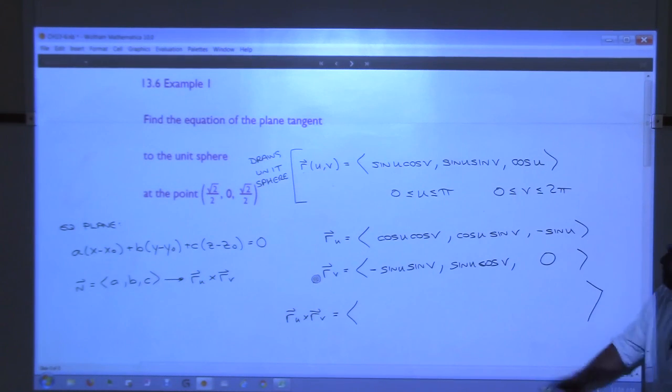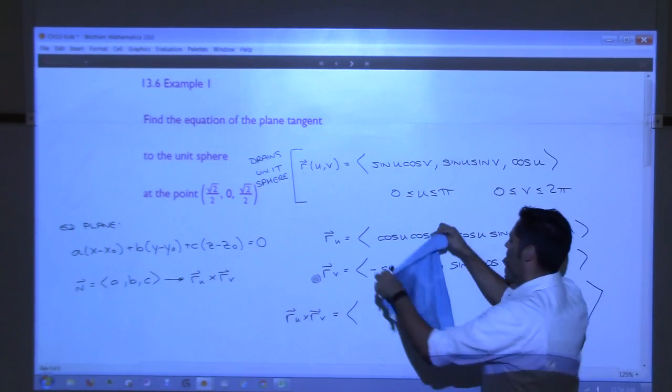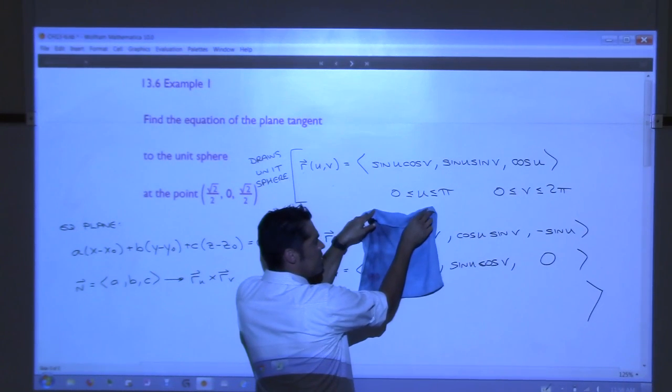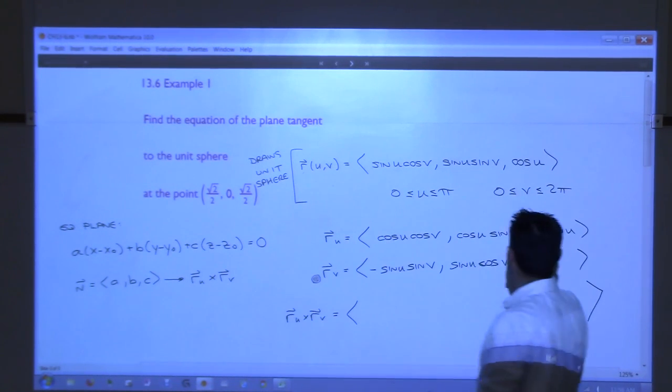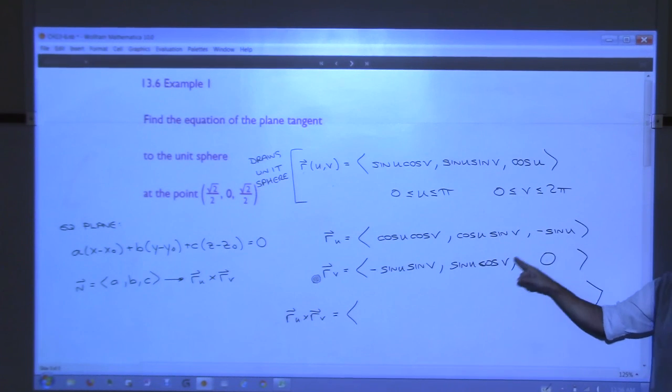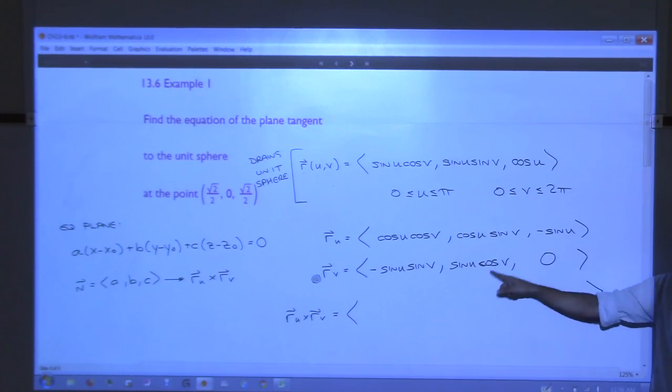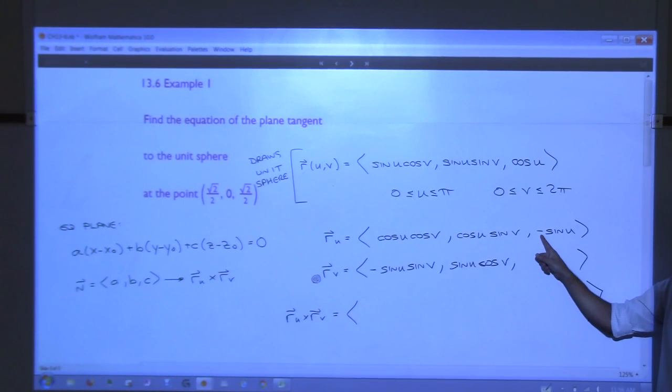To do the i component, which is this component, we cover this one up and we do a little determinant on those, right? So when I do my determinant, here to here I get 0. And then here to here I'm going to get a negative, but then I'm going to subtract it. I'm going to get negative from this, but then I subtract, so it'll become plus. And it's just what?